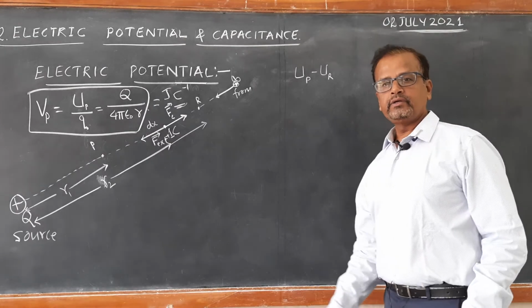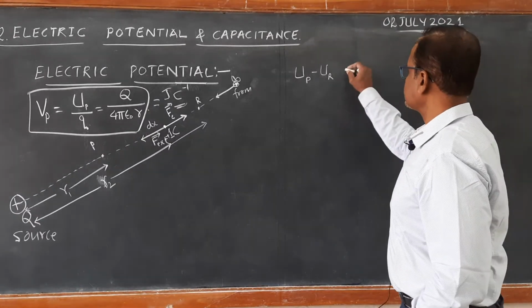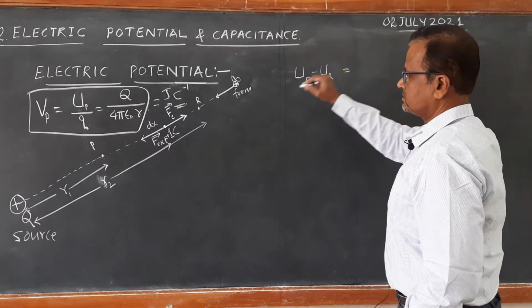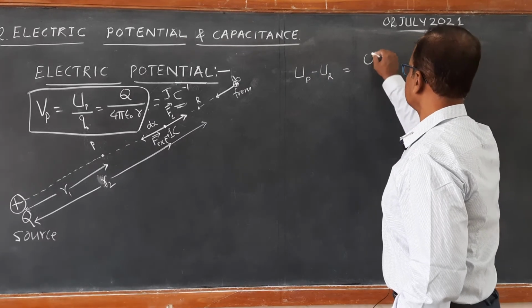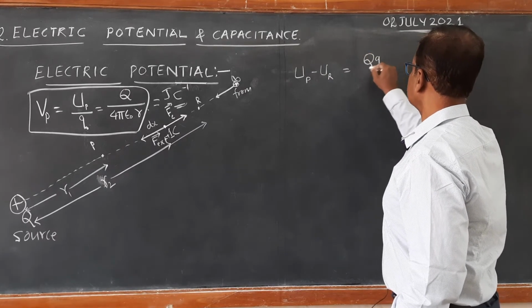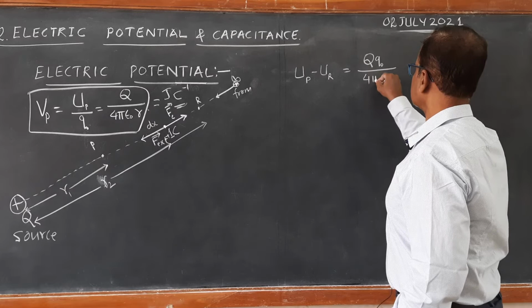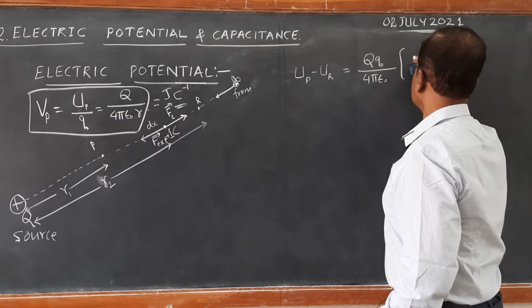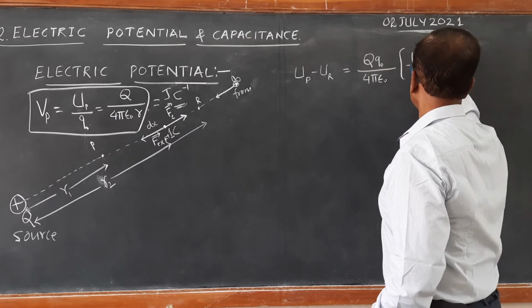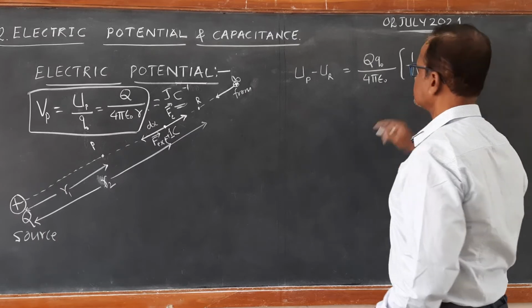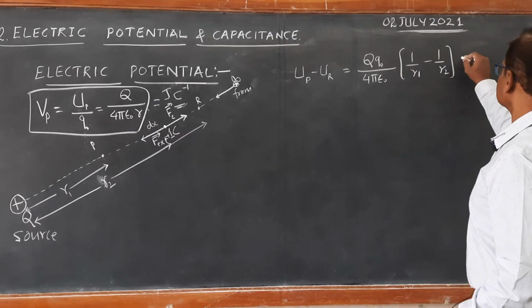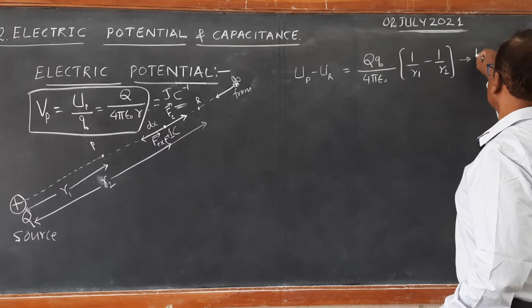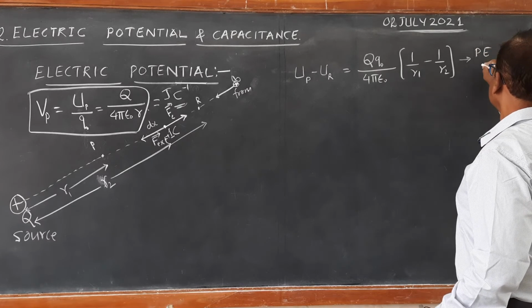If you remember, we calculated it as, where the source charge is Q and test charge is Q naught, Q naught upon 4 pi epsilon naught, 1 by R1 minus 1 by R2. So this is the potential energy difference.